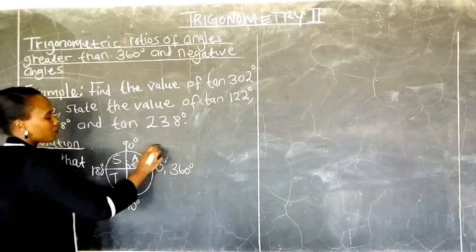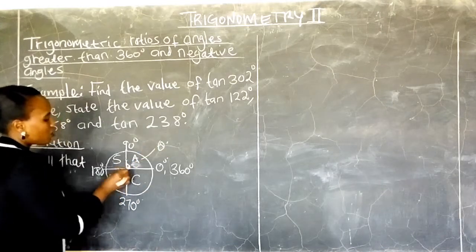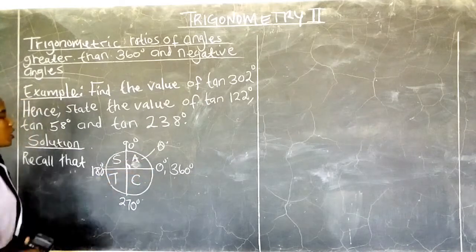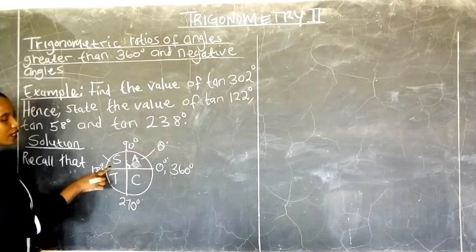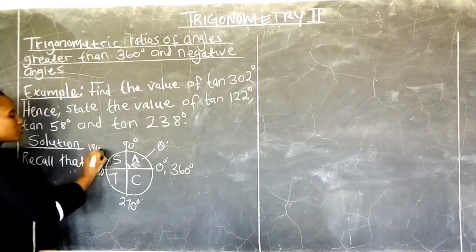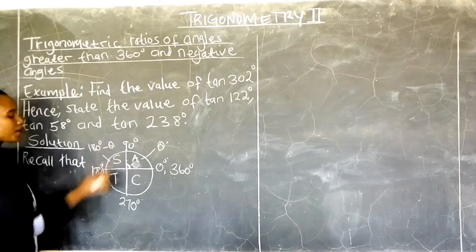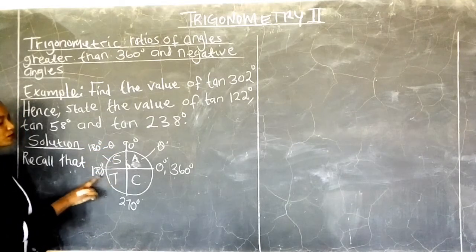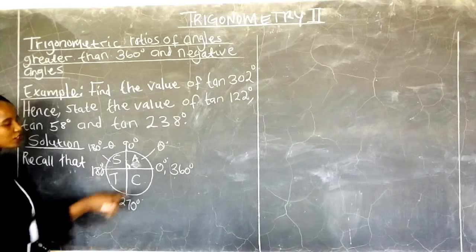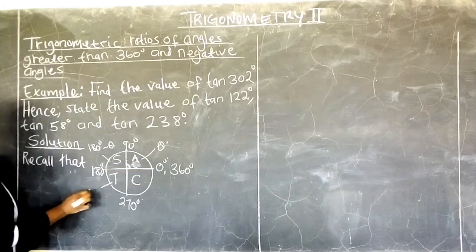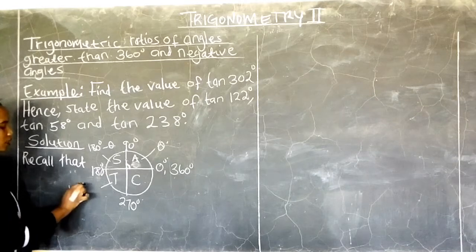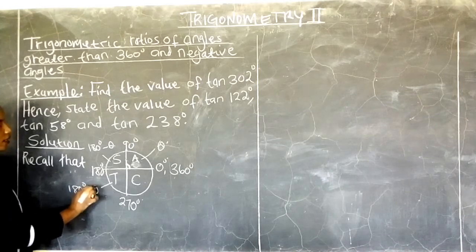If this angle here is theta degrees, to find the angle corresponding to this theta in the second quadrant, we say 180 degrees minus theta, and another angle between 180 and 270 corresponding to this theta, we say 180 degrees plus theta.